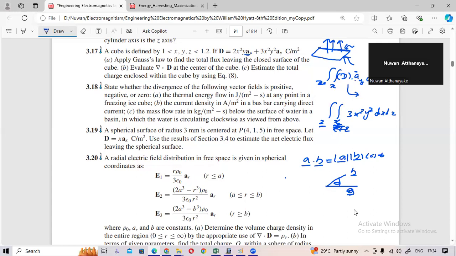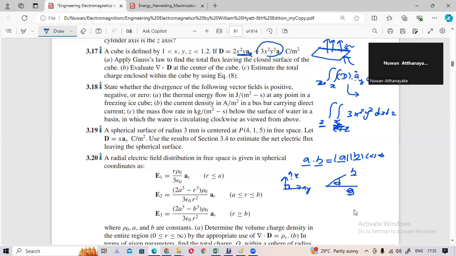If you consider a unit vector in the x direction and another in the y direction, these two have a 90-degree angle, so cos 90 is 0. So ax dot ay will be 0, and this part is cancelled out and you only evaluate the remaining part.